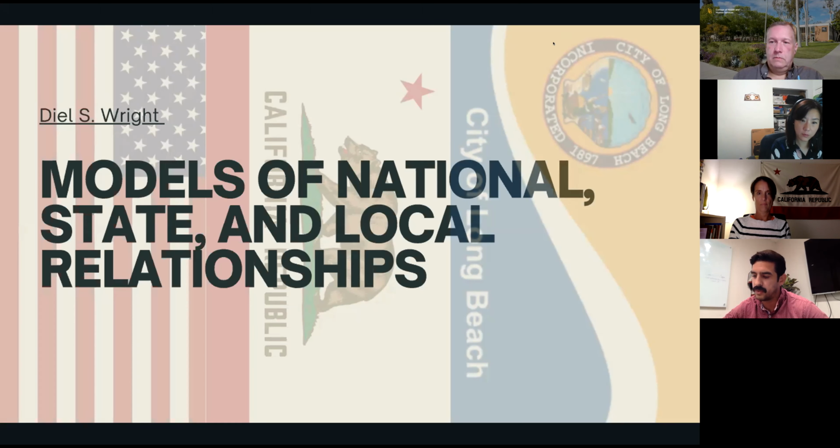The first one we'll look at is the coordinated authority model. Then we'll look at the dominant or inclusive authority, and then we'll wrap it up with the equal or overlapping authority.